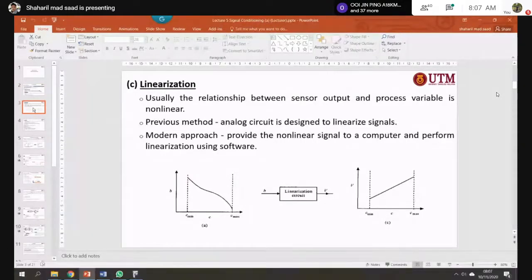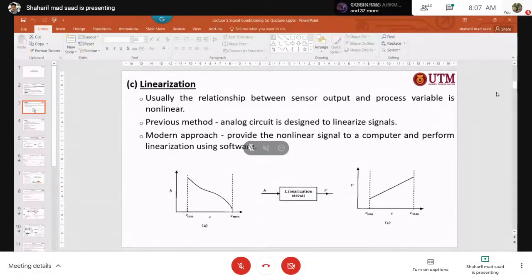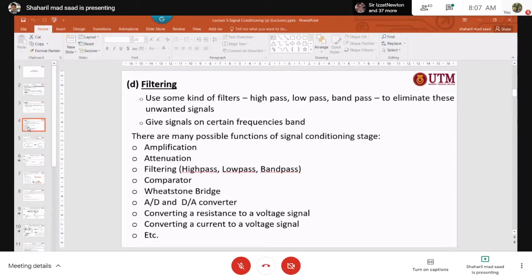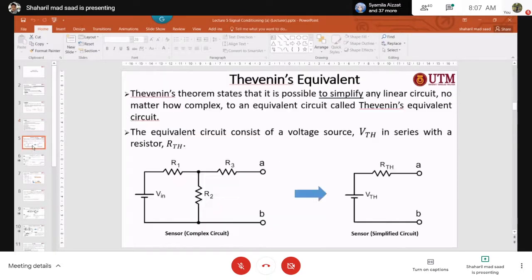Some signal conditioning can do linearization, that means from analog voltage or data that is not linear, it can convert to linear. But currently we use software to make it linear. It can also be used for filtering, to filter out unwanted noise.